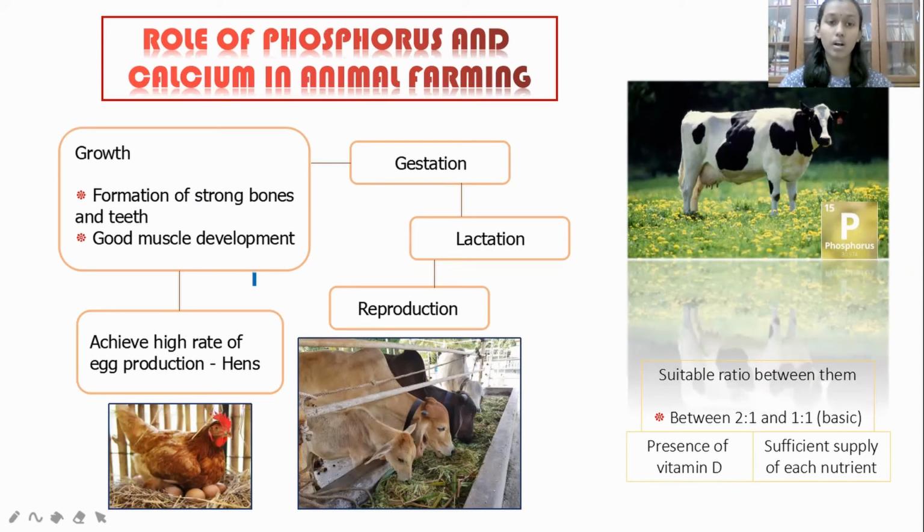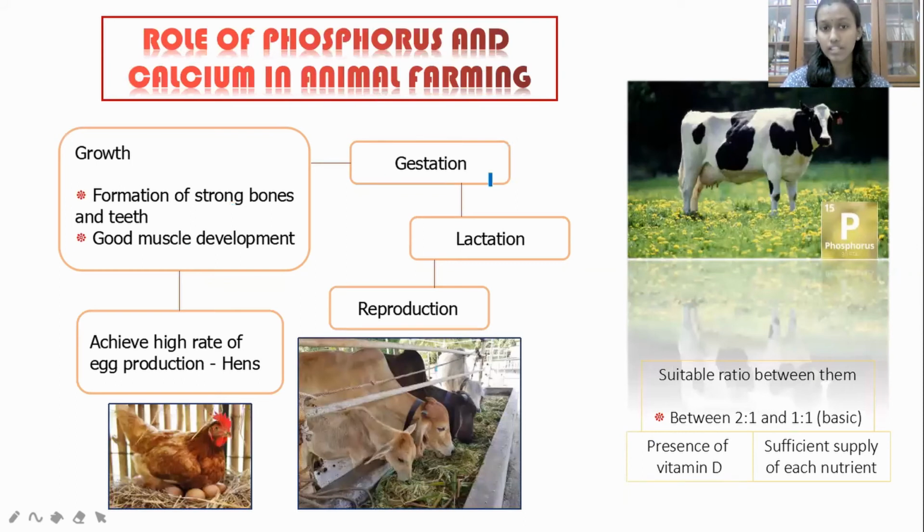And also in chicken farming, we can find out that if there is enough phosphorus and calcium, it will achieve a high rate of egg production and also a good quality of eggshells can be observed. And also gestation. What is gestation? Gestation means the pregnancy period of farm animals.